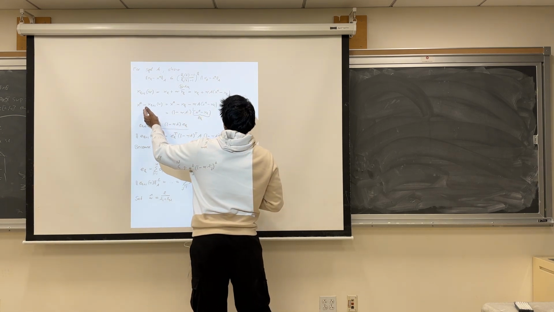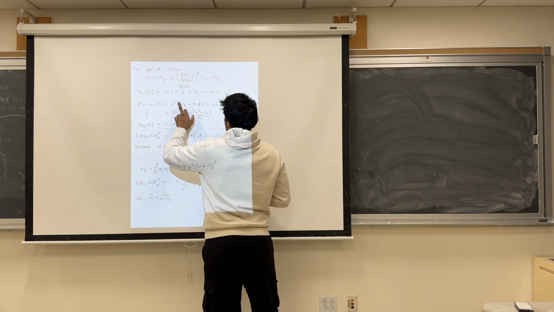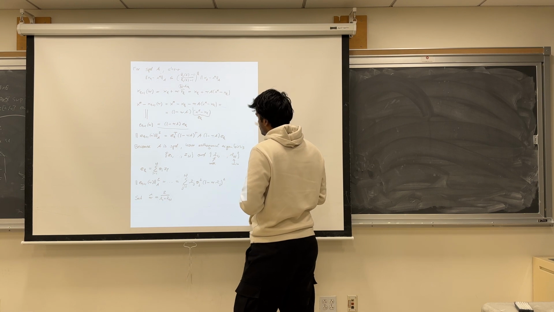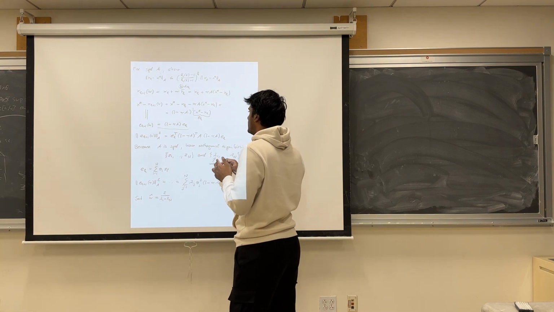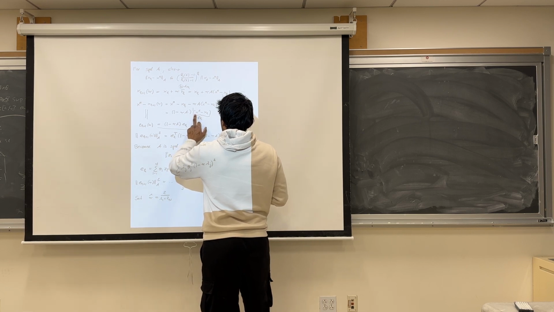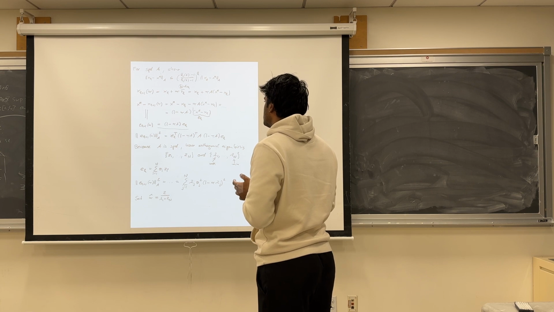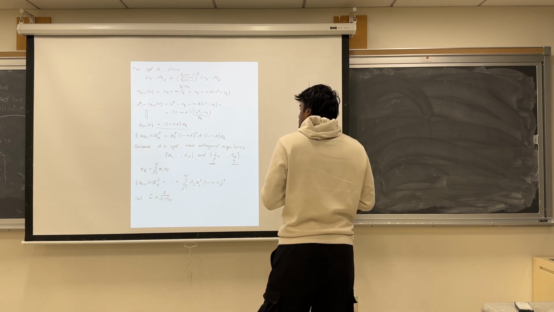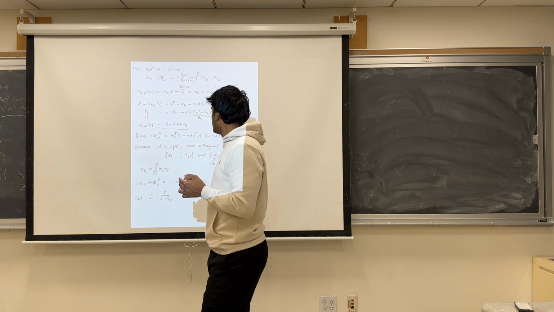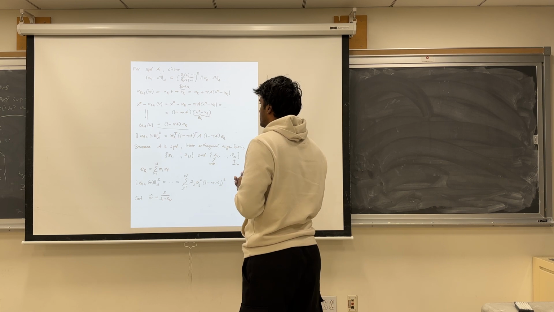Subtracting, x star minus xk plus 1 equals, I can pull it out, (identity minus alpha A) times (x star minus xk). So the error in the k plus 1th iteration is (1 minus alpha A) times the error in the kth iteration.